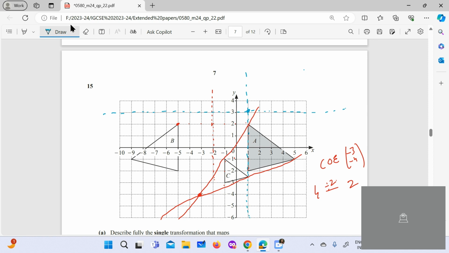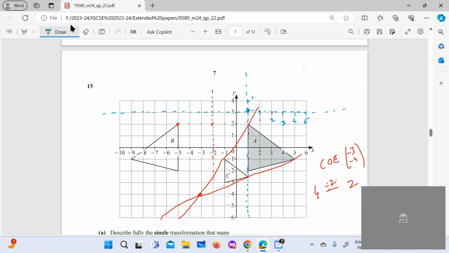Now what we have to do is write the coordinates of triangle A according to this new axis. So let me mark, this is 1, this is 2, this is 3, this is 4, let me mark this as 5, then here it is 1.